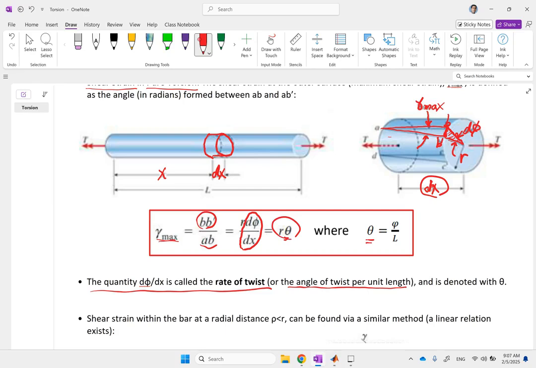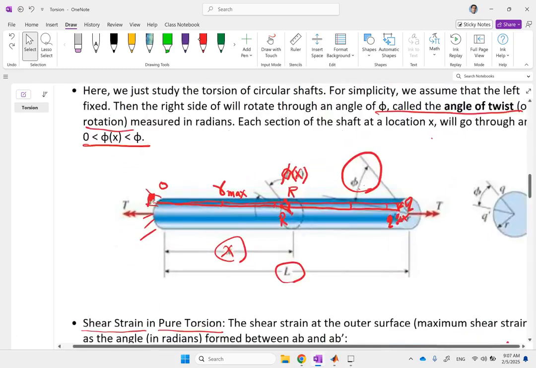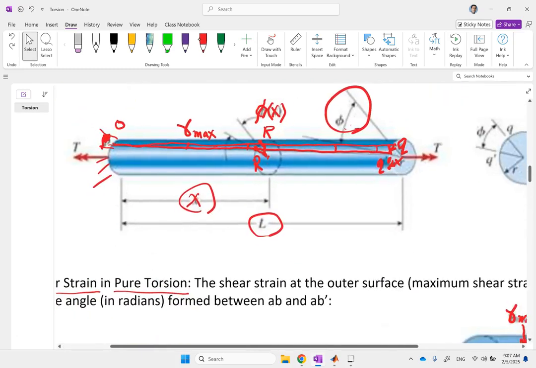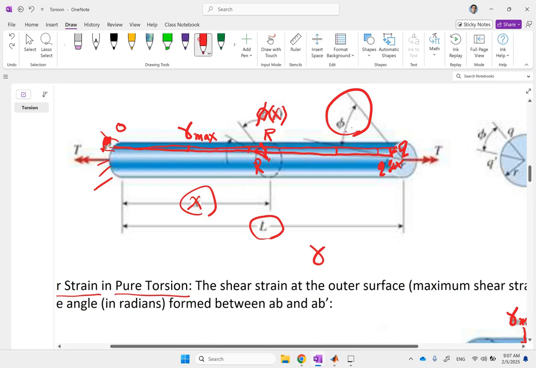Now, if you look at this theta, as I said, if you look at the entire shaft, let me go back to that picture I had up there. If you look at the entire thing in this picture, you can see that gamma max is what in this picture? Starting with this small angle that is going all over the shaft.